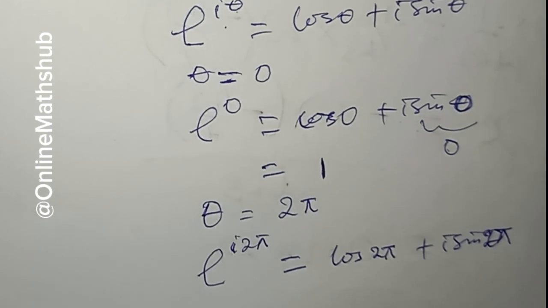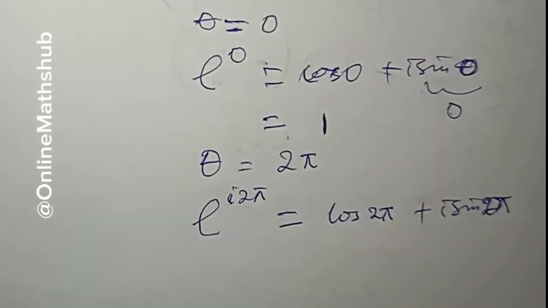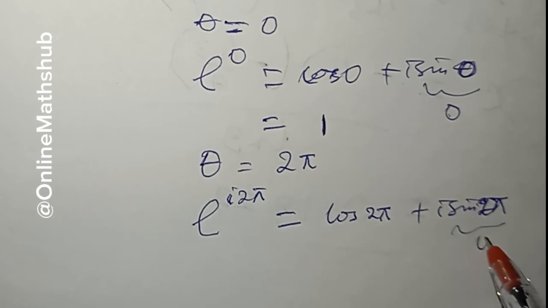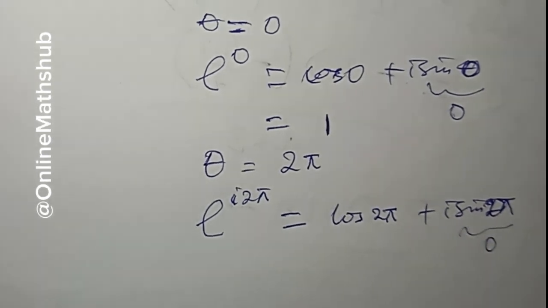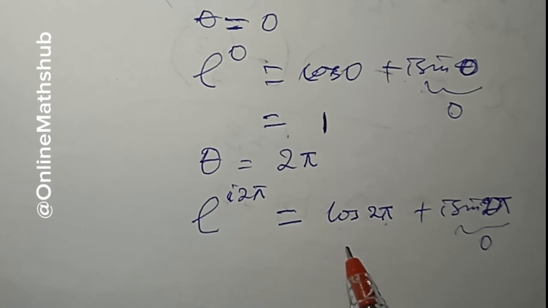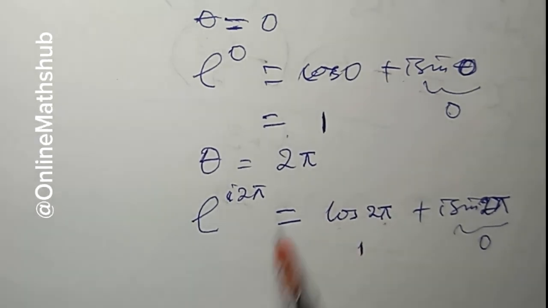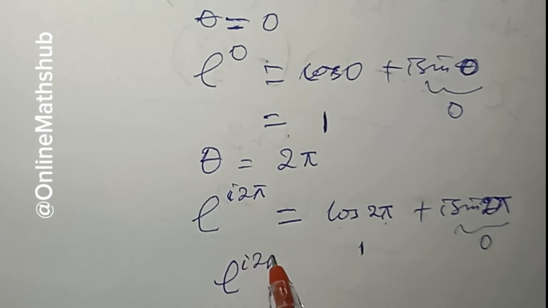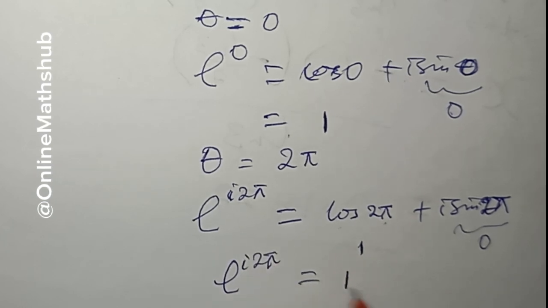Sine 2 pi is also equal to 0, and 0 times i gives you the same thing. Cos 2 pi is equal to 1. So obviously you can see that exponential i 2 pi still equals 1.